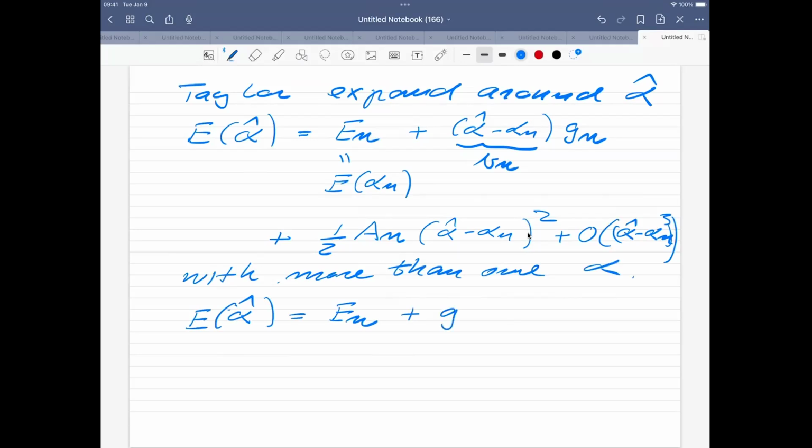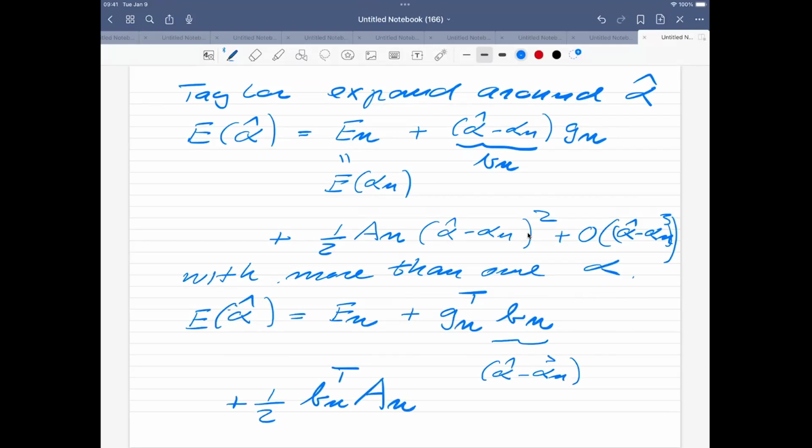So that means that I have my gradient at value n multiplied, transposed. So this is just an inner product. And then I have the vector B of n. So this is now just the vector alpha minus alpha n. So this contains now all the parameters. Plus, and since this now has to be a scalar, I need to set up the vector B of n transposed, multiplied with A, which is now a matrix. And this is a Jacobian, times B of n. Plus these O terms, where I have now B of n to the power of 3 or higher. Okay?